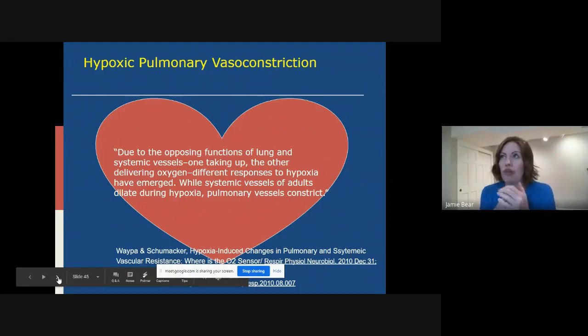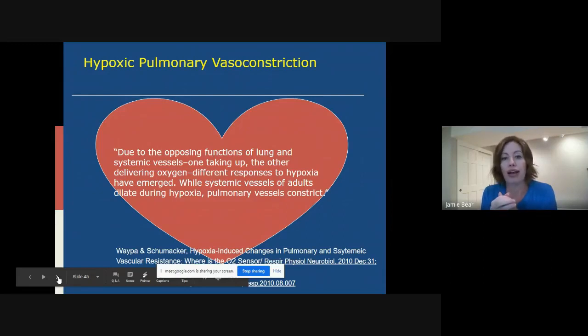vasoconstrict. Well, if you think about that, if there's lots of vasoconstrictions all over your lungs, your heart is really going to work hard to push that blood flow through the lungs so it can pick up oxygen. As a result of that, we're going to have pulmonary hypertension or really high blood pressure in our lungs.